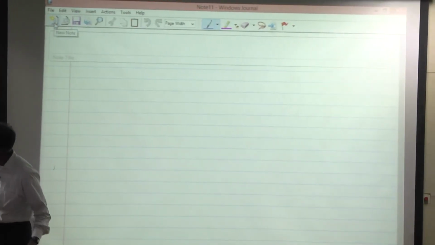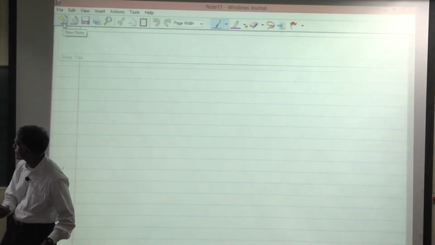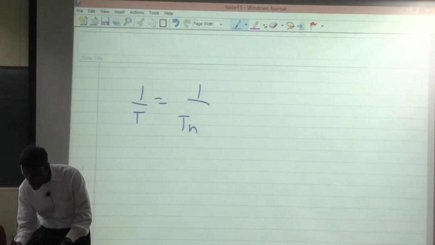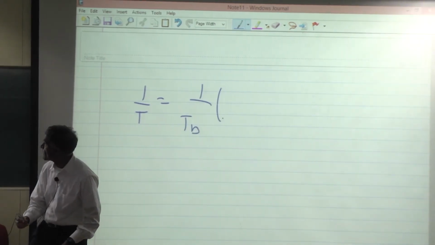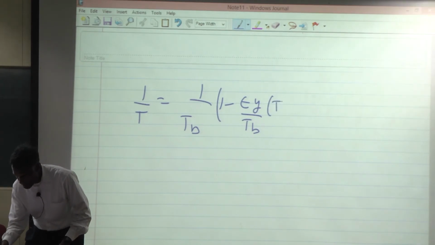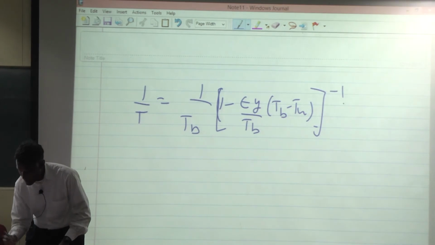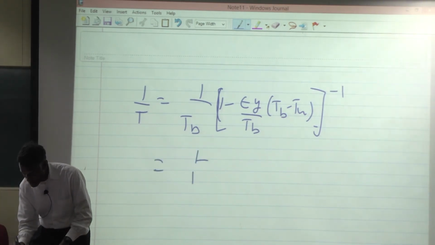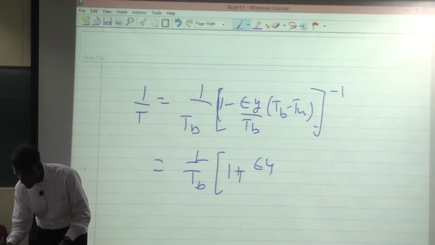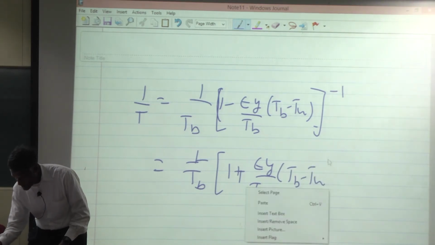If you take 1 over T, you write that as 1 over T_b times 1 minus epsilon y over T_b, times T_b minus T_u, to the power minus 1. I do a Taylor series expansion, which is 1 over T_b times 1 plus epsilon y over T_b times T_b minus T_u.